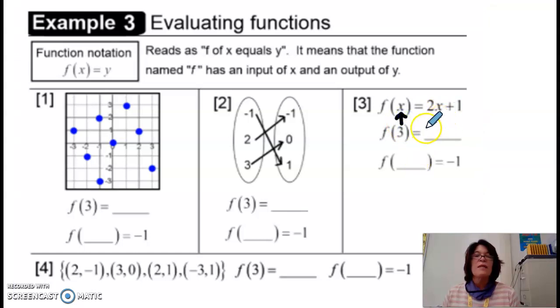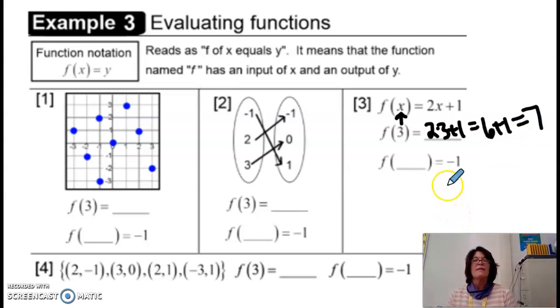So we're going to put 3 in for x. Instead of 2 times x plus 1, it's 2 times 3 plus 1. And we end up getting 7. Okay? Most of us are okay with that. When we have an equation or an expression that represents f of x, we simply substitute that in.